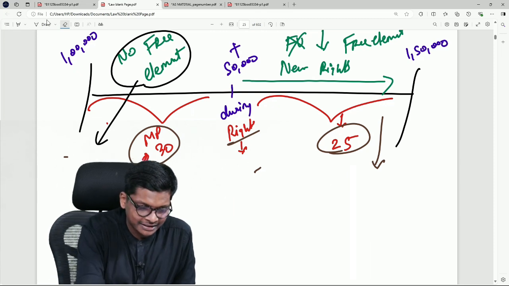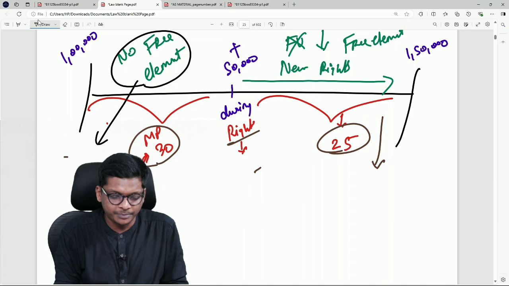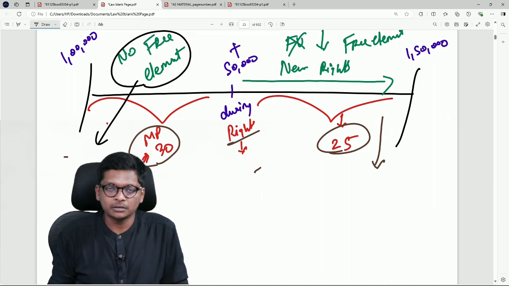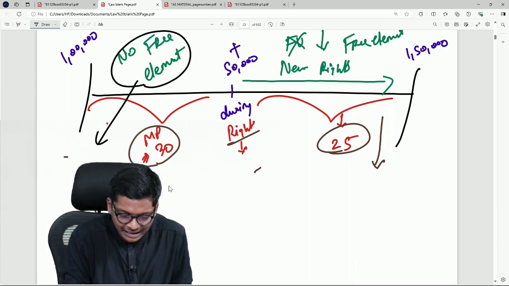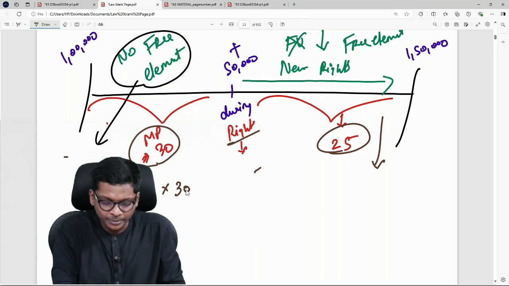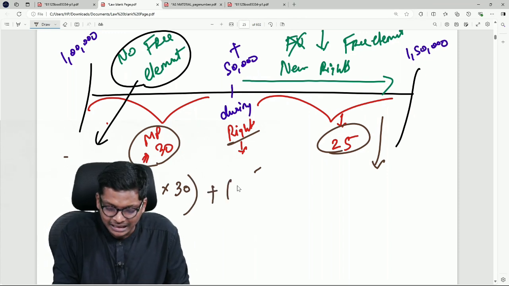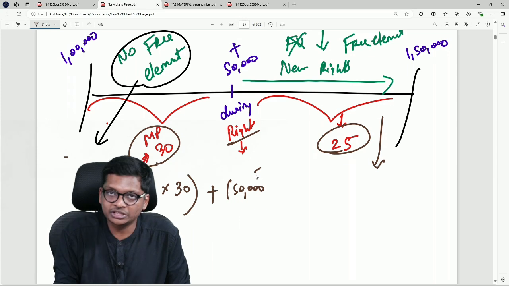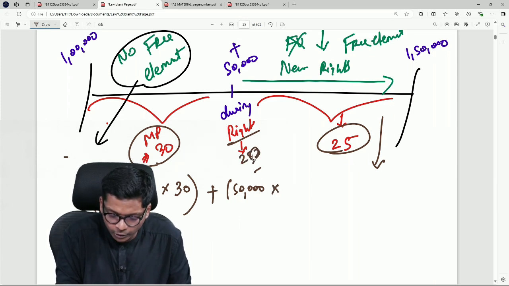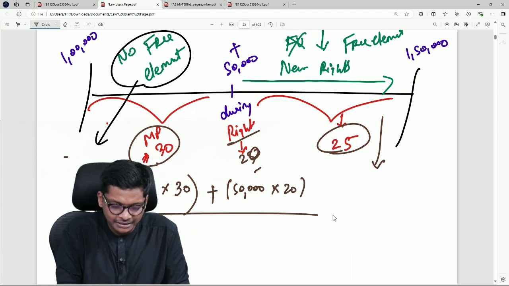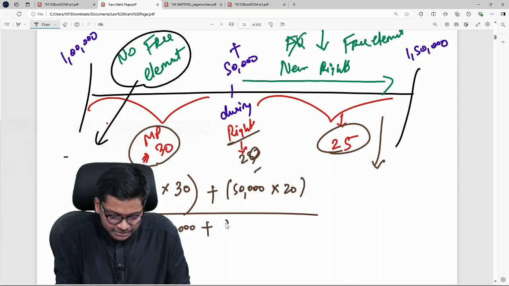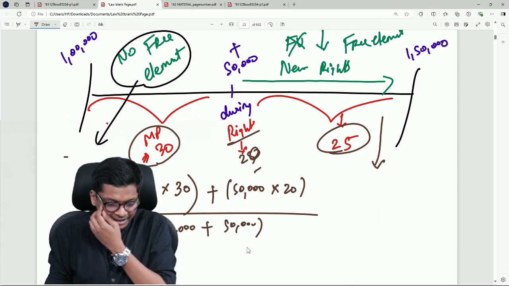See guys, how does the theoretical ex-rights price happen? Very simple. Before rights issue, the number of shares was 1 lakh, and price before issue was 30 rupees. Additionally, I issued 50,000 shares at 20 rupees, divided by 1 lakh shares plus 50,000 shares.